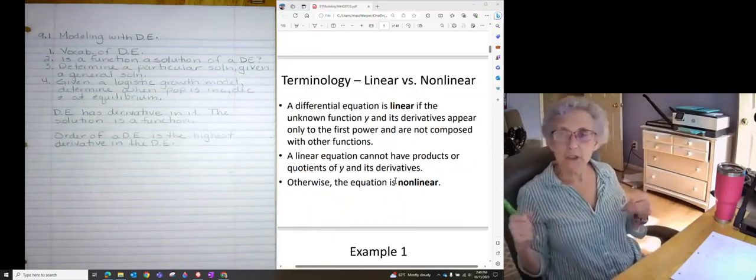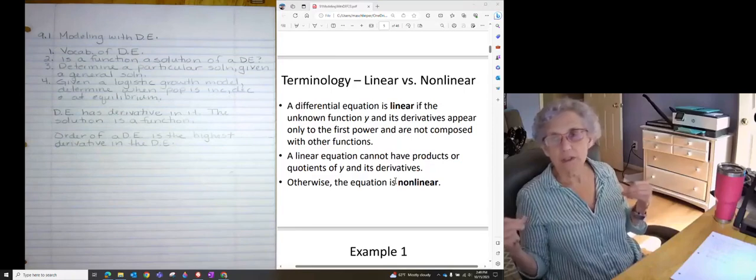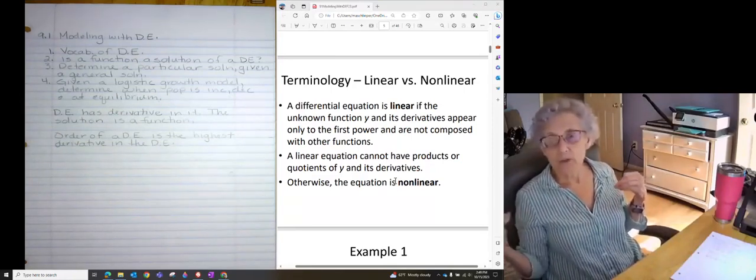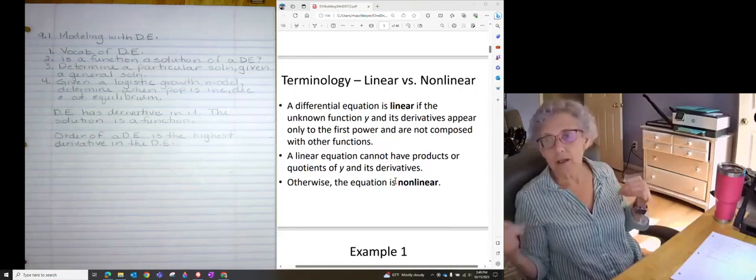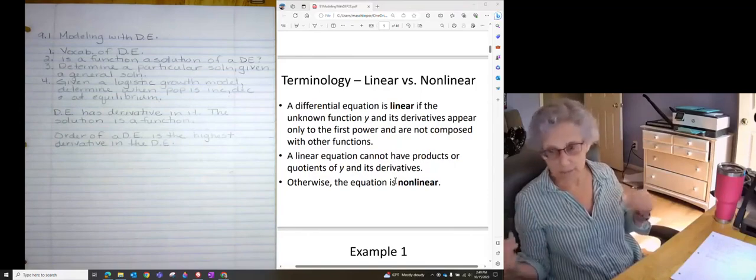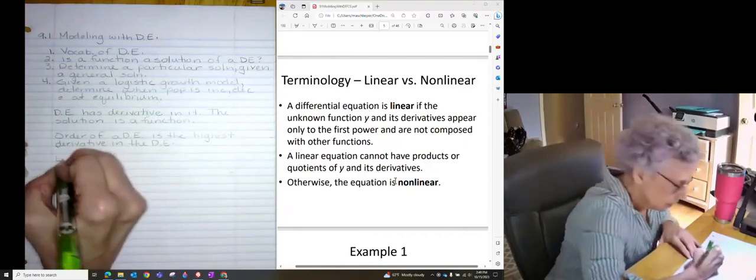A differential equation is linear if y and its derivative are only to the first power. They're not composed with other functions. A linear equation cannot have products or quotients of y or its derivative. So they're simpler.